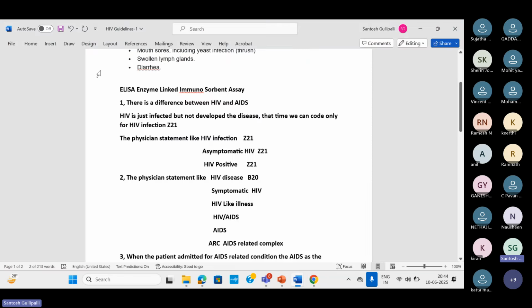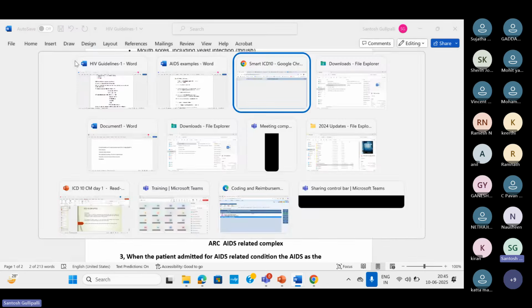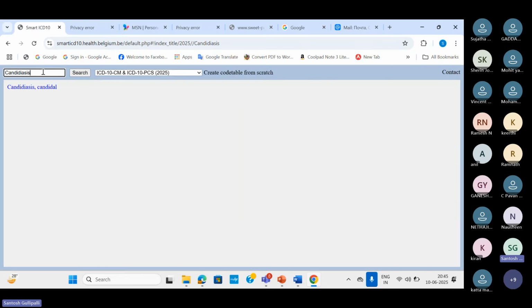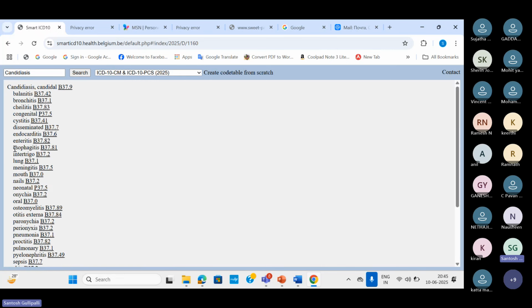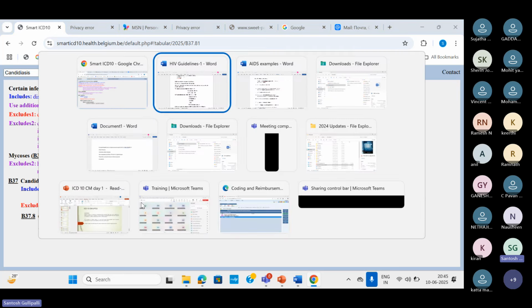For example, candidiasis of esophagus: copy and paste or type here candidiasis of esophagus, esophagitis. So B37.8, and you can give B37.81 as the additional diagnosis.